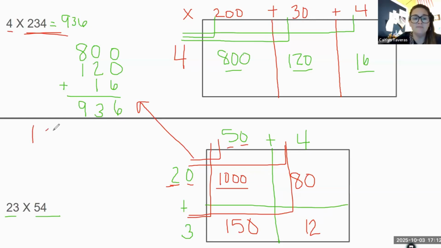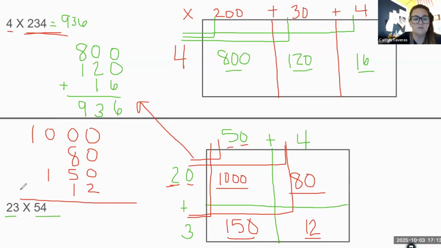So 1,000 plus 80 plus 150 plus 12. 0 plus 0 plus 0 plus 2 is 2. 8 plus 5 plus 1.